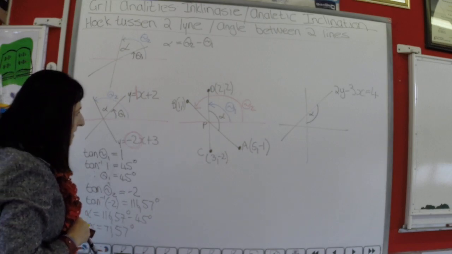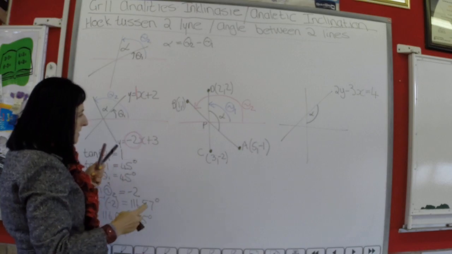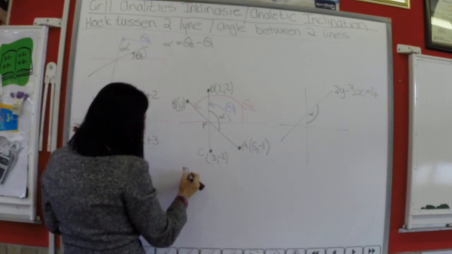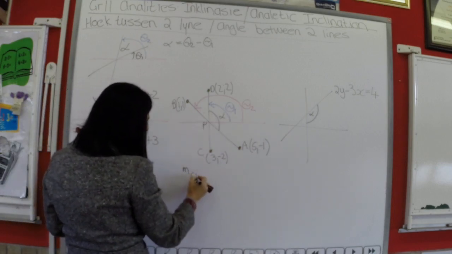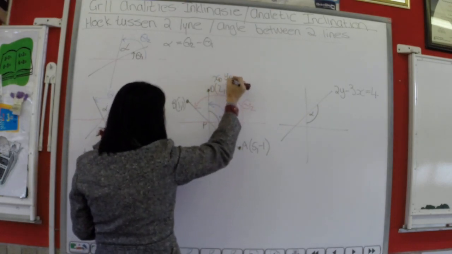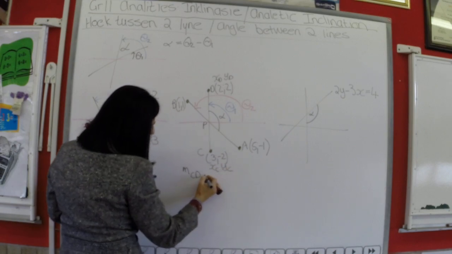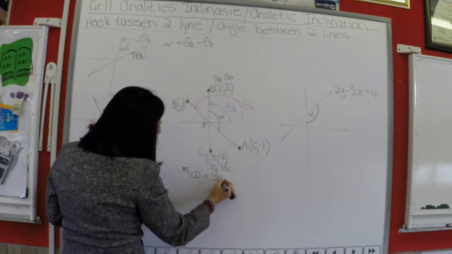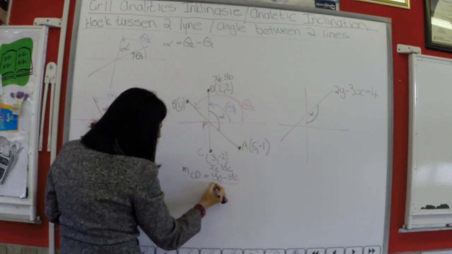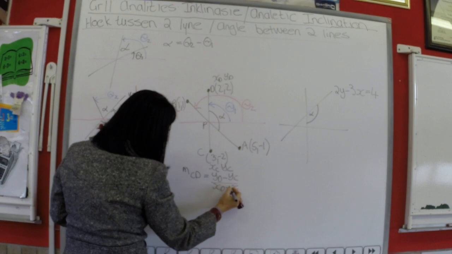We need the gradient. Let's go to the gradient of this line. The gradient formula, difference in y, that's of CD. So we've got x D, y D, x C, y C. So, difference in y on the difference in x.